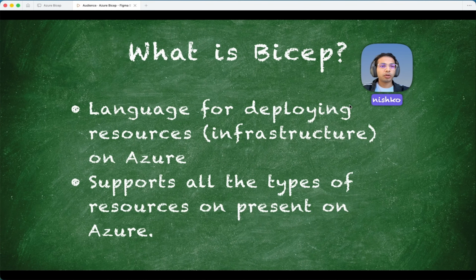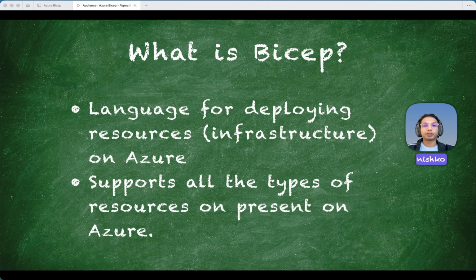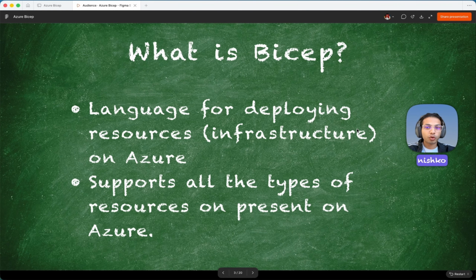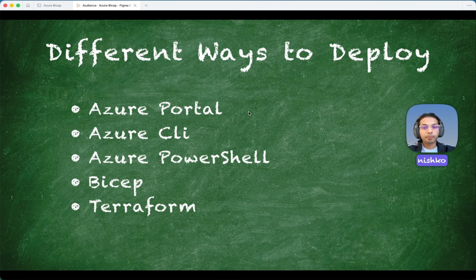All right, so I'll quickly go through everything we have discussed since day one, and I can't believe this is the 11th video, and we are continuously posting every day. We started by explaining Bicep, an infrastructure as code deployment language for Azure. It's open source, and we have a lot of ways to deploy resources to Azure, for example Portal, CLI, PowerShell, Bicep, and Terraform.